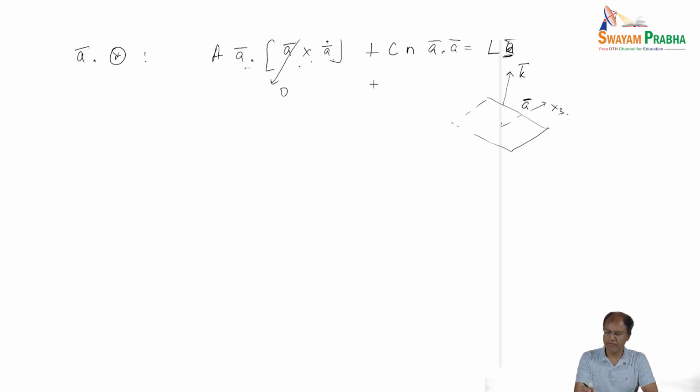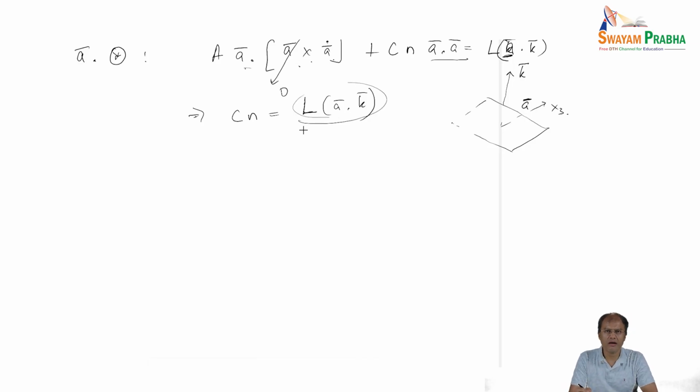Now when we integrate our angular momentum equation, this becomes L times A dot K, and we see that this is also equal to C times N, which is a constant, so A dot A is 1. This is L of A dot K, and the right hand side is just a constant.